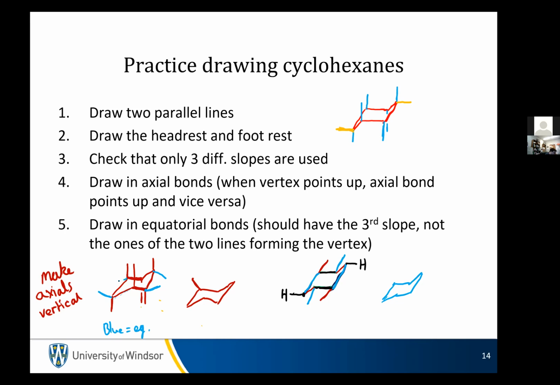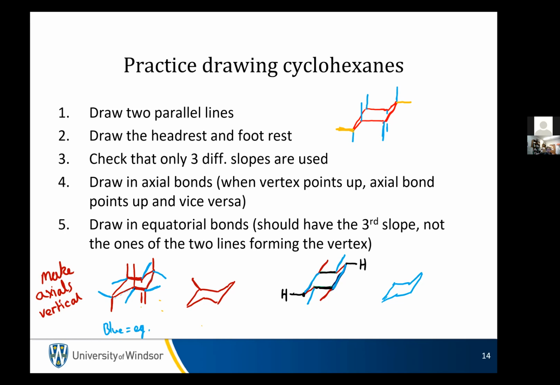This one should be roughly parallel with that too. Notice that these equatorials aren't quite horizontal. They're a little bit off the horizontal. And I'm going to come back to this in a second. This guy wants to be equatorial with this bond here. Or parallel, and that one does too. And so those are where my equatorials are.